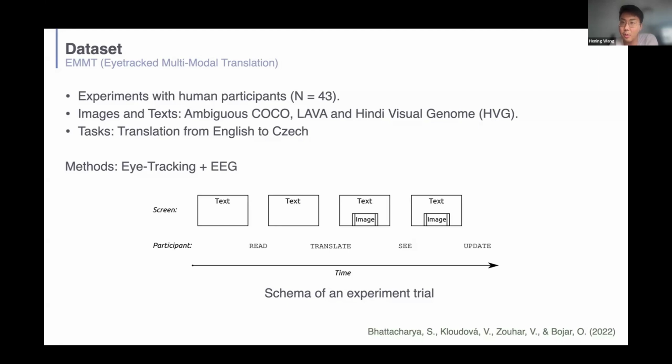And then, according to the condition they have received, they have the opportunity to see one more picture. This picture I will come to later. And after seeing this picture or not, they have the opportunity to update their translation and provide a second translation of that source text.